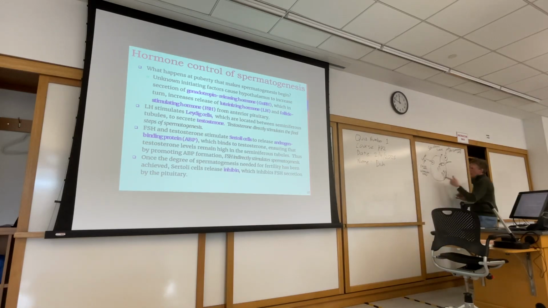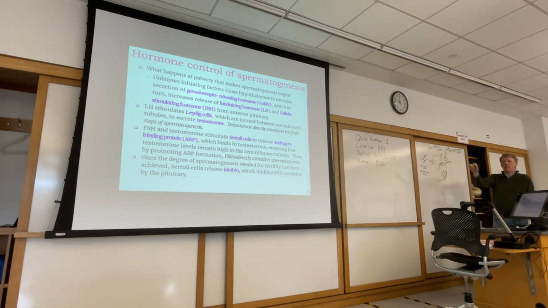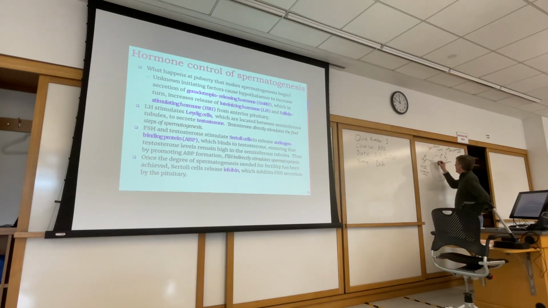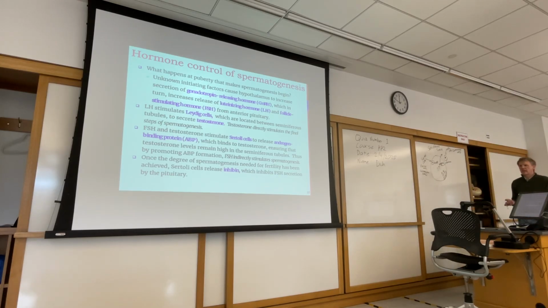Anyway, FSH, which also comes from the anterior pituitary, comes down and causes the Sertoli cells to produce a chemical called androgen binding protein, or ABP. And the name tells you what it does. Androgen means male sex hormone, so it basically means testosterone, and binding protein means it's a protein that will bind to testosterone.